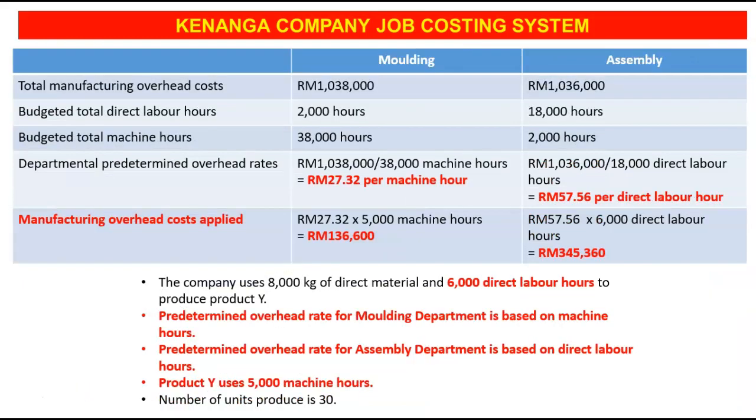Now, we can compile the information related to manufacturing overhead cost for both molding and assembly departments. First, let's look at the molding department. The departmental overhead rate for the molding department is RM1,038,000 divided by 38,000 machine hours, you get RM27.32 per machine hour. We are using 38,000 machine hours as the base because the predetermined overhead rate for the molding department is based on machine hours.